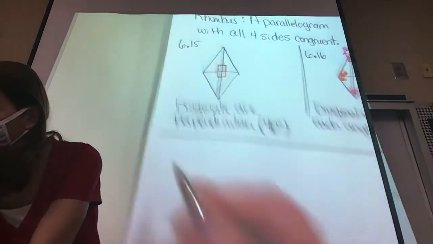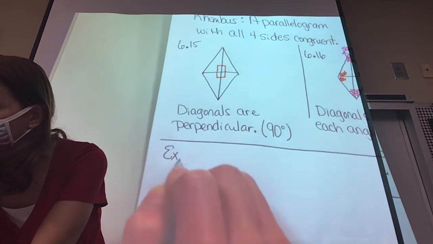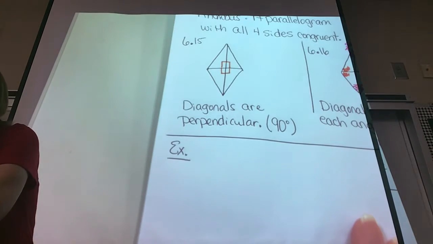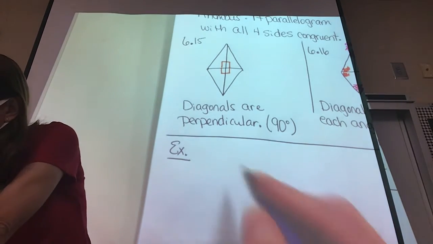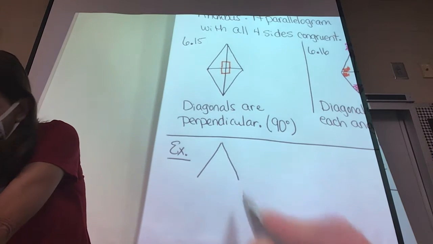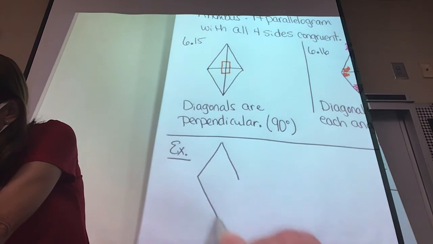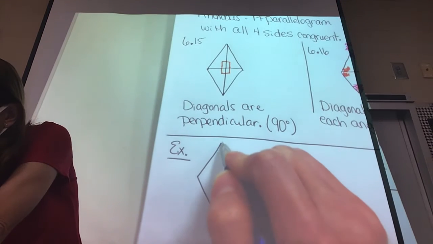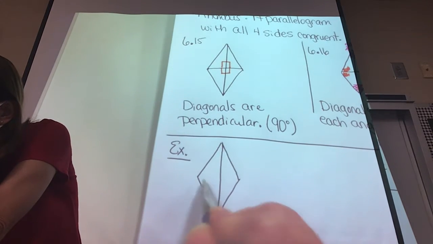We're going to go down here to an example. So go ahead and draw another rhombus, just like the other two. Go ahead and put in your diagonal lines.